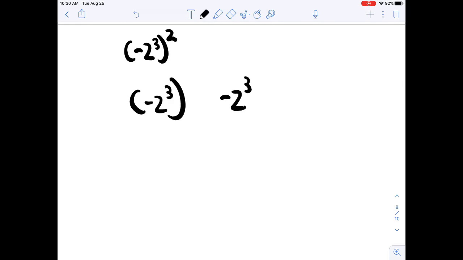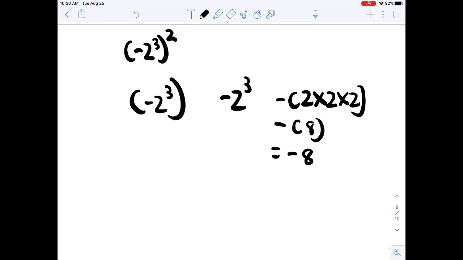And so, as we learned from our previous example, this as repeated multiplication is. And then from here, we see that's -8. That equals this. And so this is what the bracket equals.